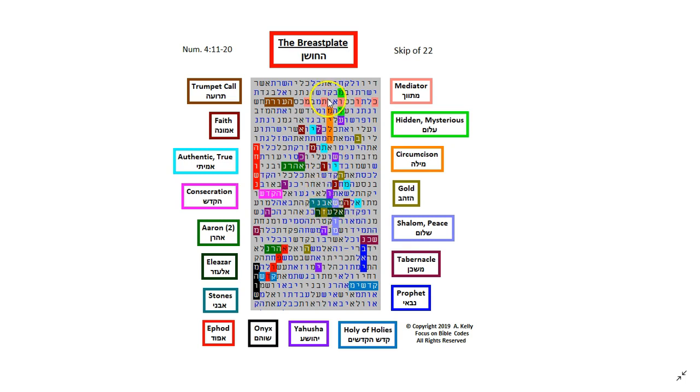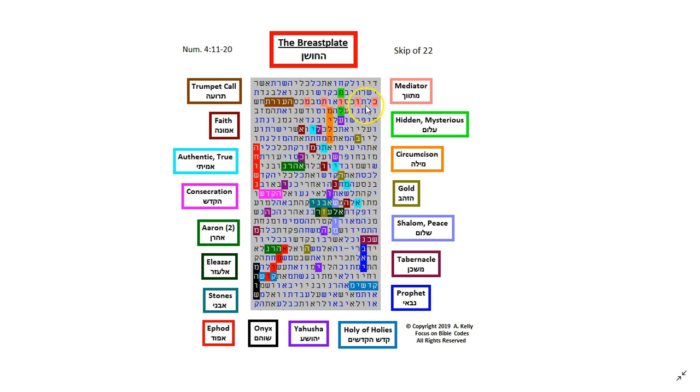And we have the word circumcision in this orange. They had to be circumcised to be, well, an Israelite, and for sure in the priestly role. We have prophet here in the blue, sharing a letter in another word.